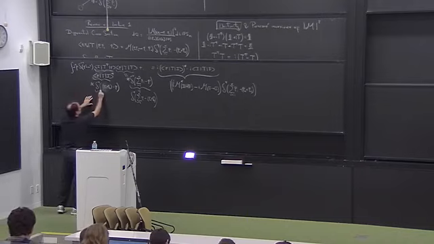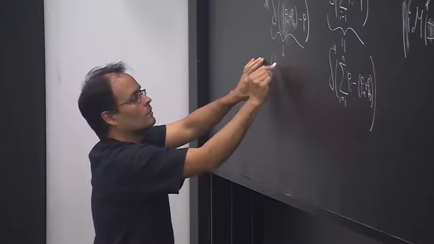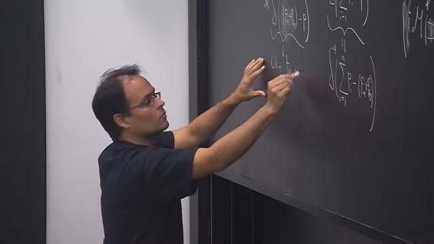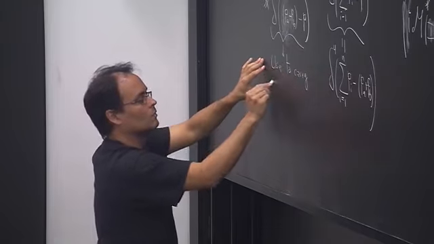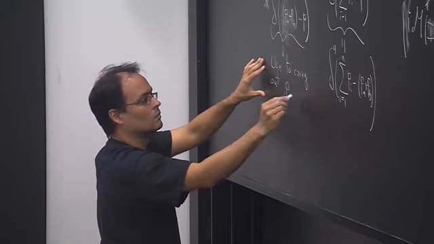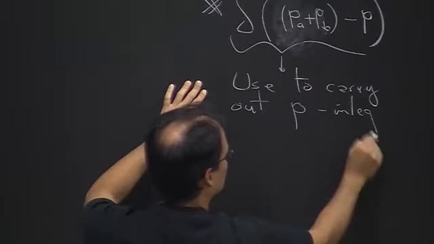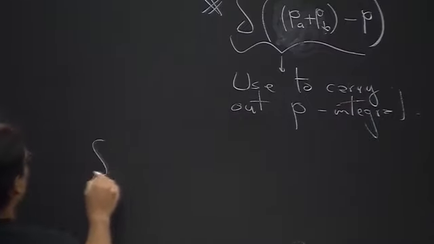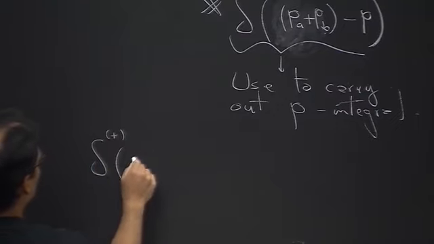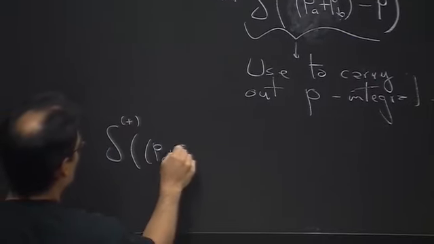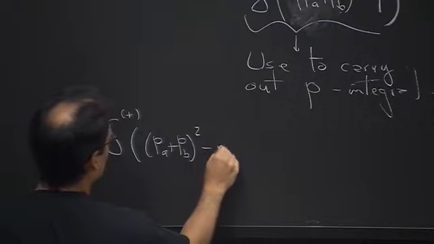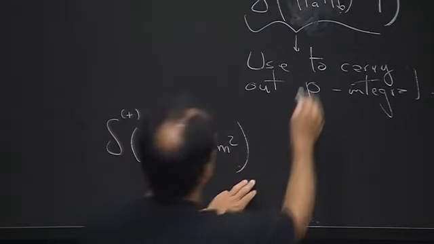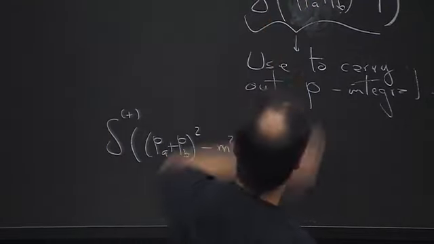So if I use this to carry out the P integral, we find something that looks like this, times the matrix elements here.